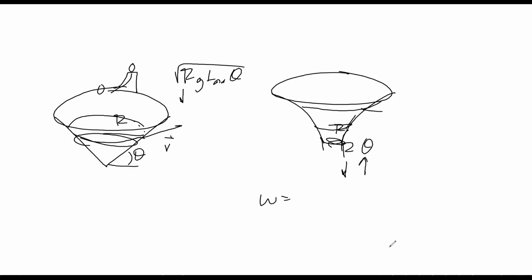So omega would be V over R, and so omega would be the square root of G tangent theta over R. By the way, where did we get square root RG tangent theta? That comes from setting up the two equations and solving them by canceling out the normal force when you sum for R and Z.